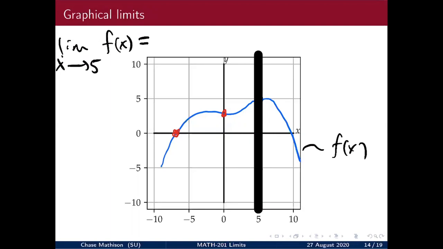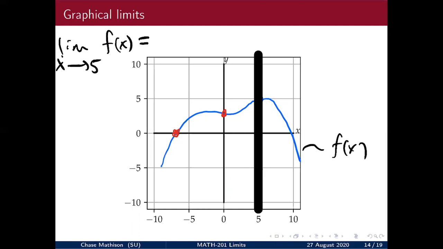Well, what does it look like f is approaching? From the right, it looks like it's approaching that line, I mean, I'm bad at drawing, but you know what I was trying to get at, right?